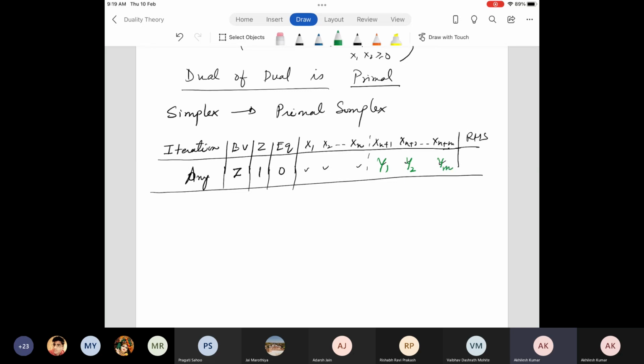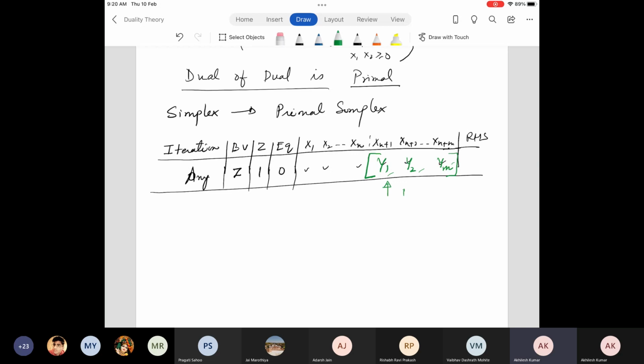Suppose you are solving a primal problem with simplex. At the same time, you are also solving another LP, which is the dual of this primal problem, and this is the value of the dual variables.